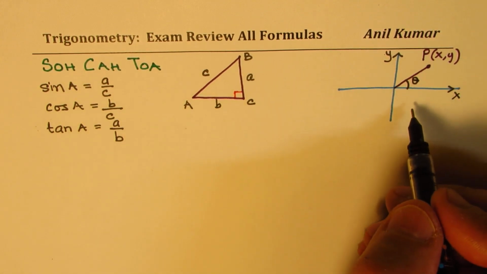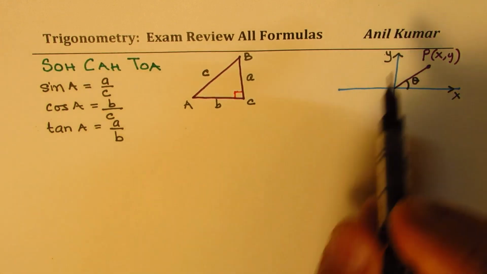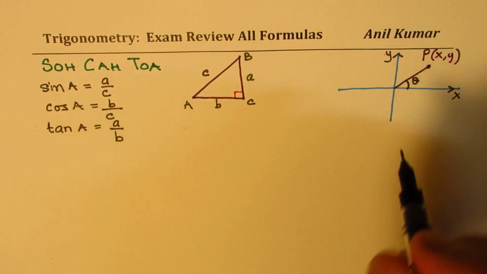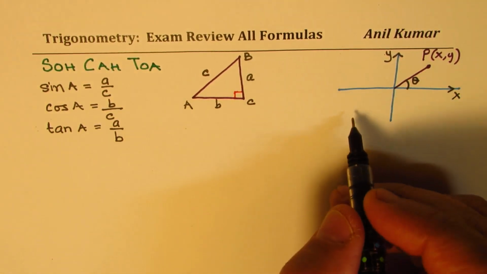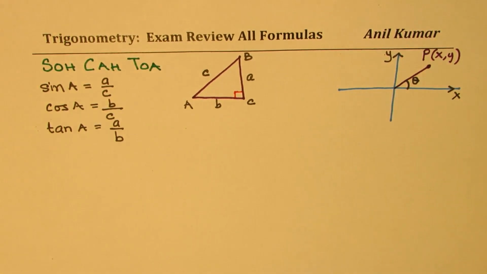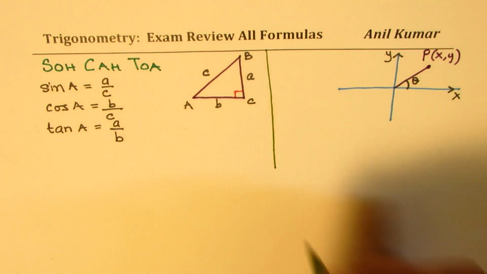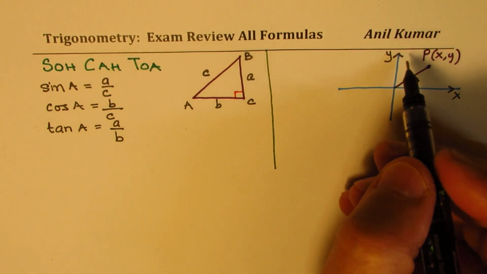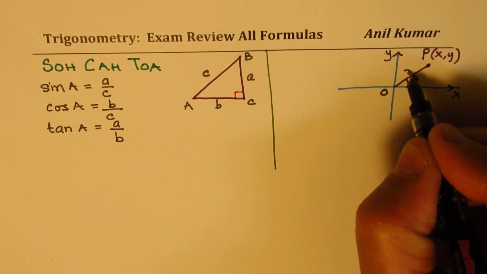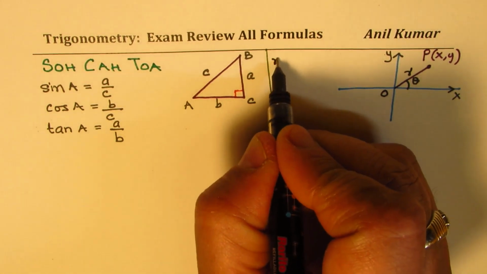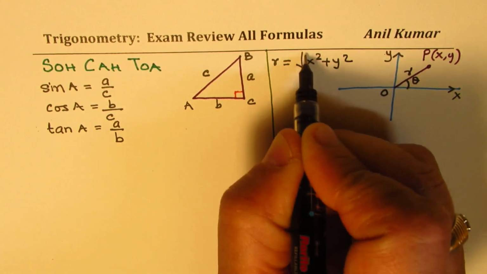Now in this particular case, we define our trigonometric ratios as follows. If x and y are the coordinate points, let me draw a line here to write down these formulas on the right side. From O, the distance OP, if I call this r, will be equal to the square root of x square plus y square.